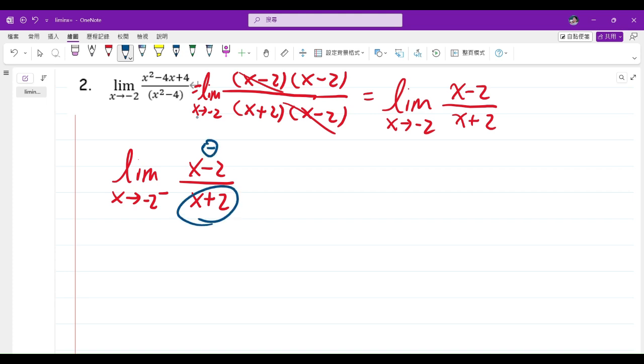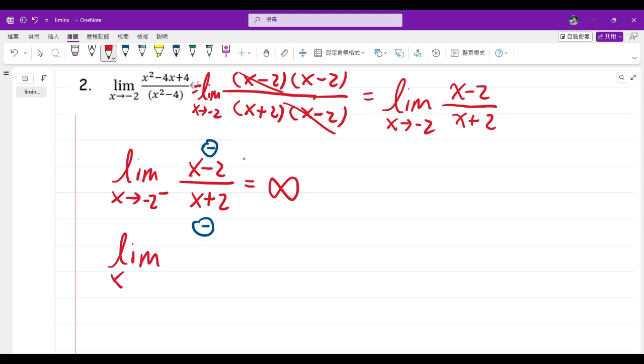In the denominator, x is a number less than negative 2, so if it's plus 2, it's still negative. So the denominator will approach 0, and the numerator will approach negative 4. So negative 4 divided by negative 0, negative divided by negative, will approach positive infinity.